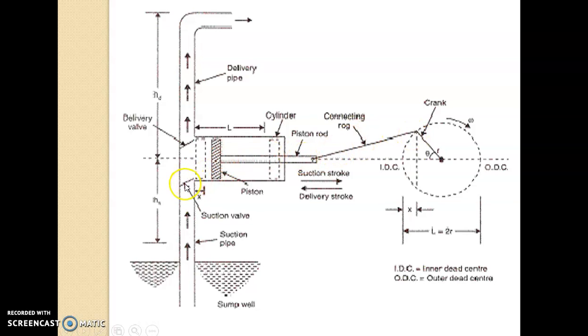Now when this opens and the piston moves towards this side, the volume here will increase and simultaneously the pressure will drop. Here the pressure is less, here the pressure is high. So due to this pressure difference, the liquid will be sucked inside by the pump.